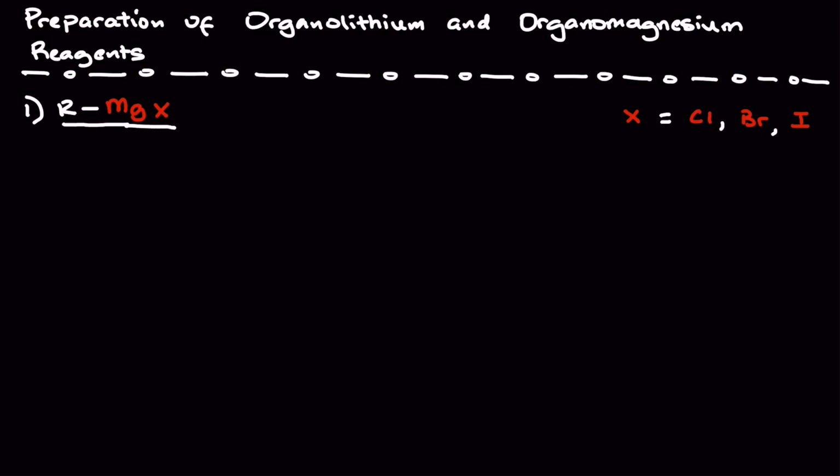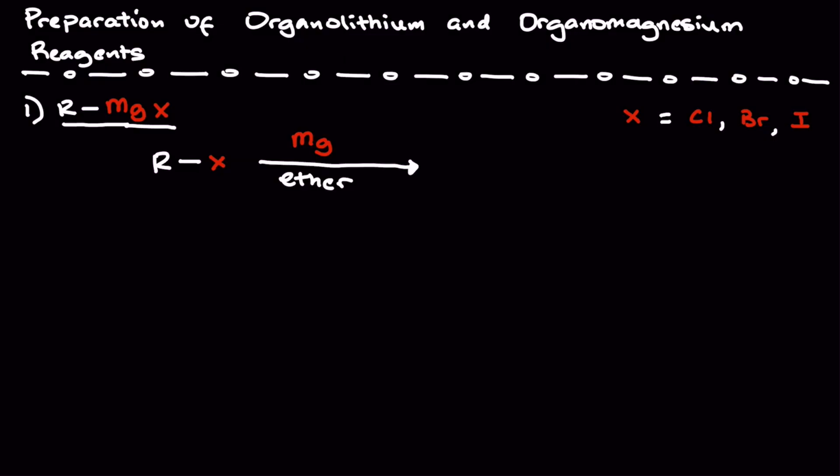Now let's consider your organomagnesium reagent, which, as you can see, is a little bit different. It's in the form of R bonded to the magnesium, which is still bonded to a halide, X. Here, if you have an organohalide and you treat that with magnesium, it has to be in an ether solvent to help stabilize this complex.